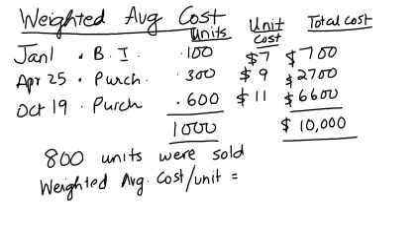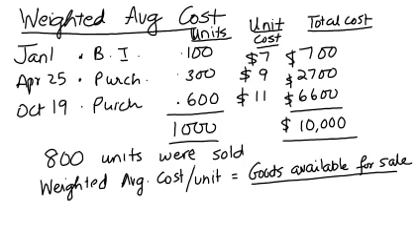equals goods available for sale divided by number of units available for sale. So in this case, it is $10,000, which is the cost of goods available for sale.